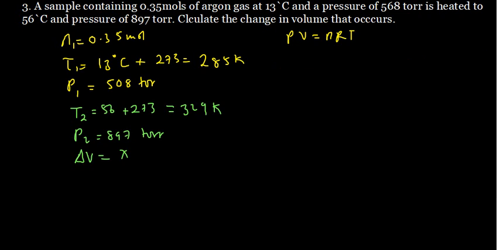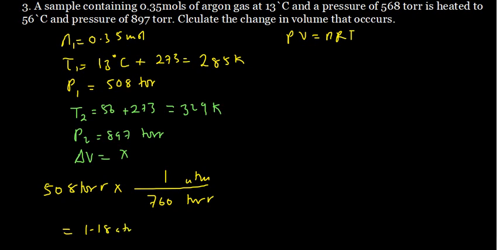So let me convert the pressure, that is 508 torr. We are going to put a torr down and then atmosphere on top. We know that in 1 atmosphere we have 760 torr. So this is going to give us... sorry, the value is 568.